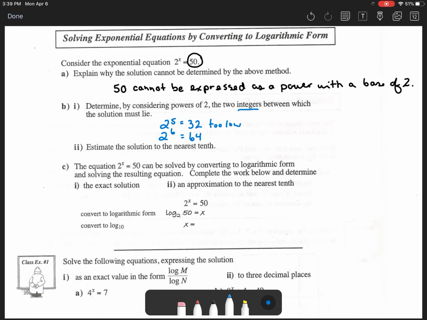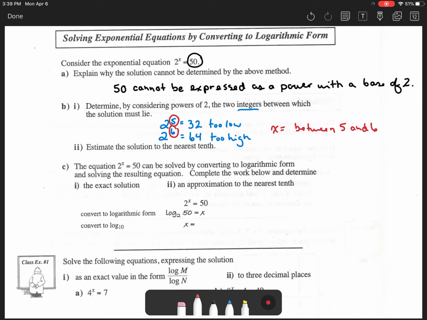Well, that's too high, right? So this was too low, and this is too high. So therefore, my answer must lie somewhere between 5 and 6, okay? So x will equal somewhere between 5 and 6. So we'll just leave it like that, and hopefully that explanation makes sense.